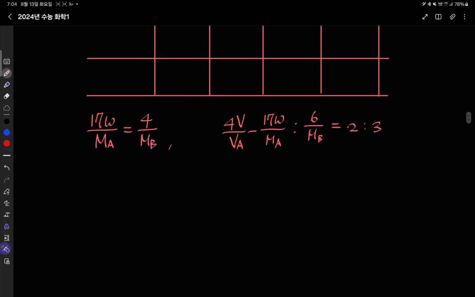So if we solve this proportion, 12/MB is equal to 3 times 4V/VA minus 17W/MA.